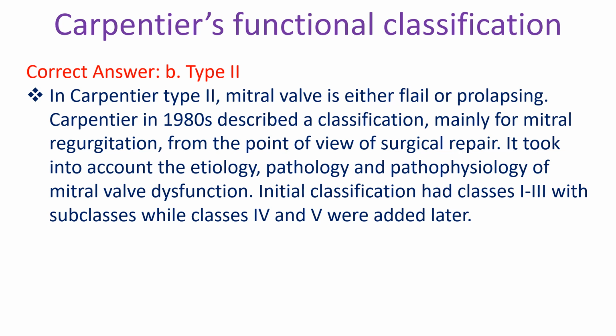Carpenter in the 1980s described a classification mainly for mitral regurgitation from the point of view of surgical repair. It took into account the etiology, pathology and pathophysiology of mitral valve dysfunction. Initial classification had classes 1 to 3 with subclasses, while classes 4 and 5 were added later.